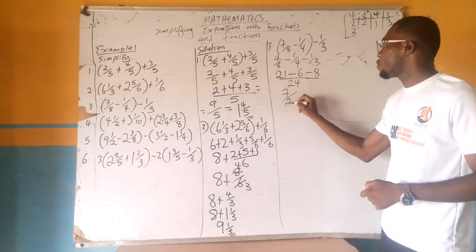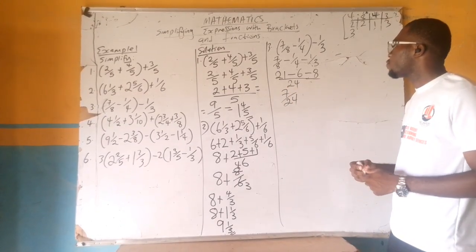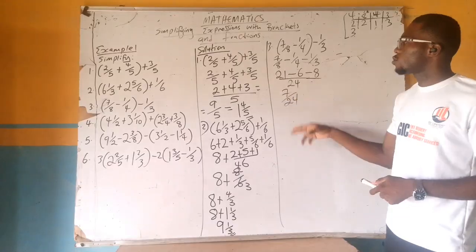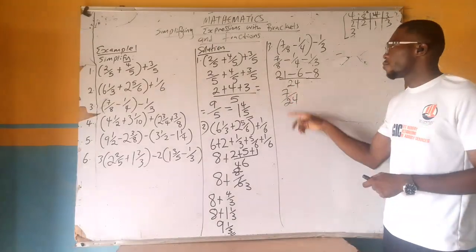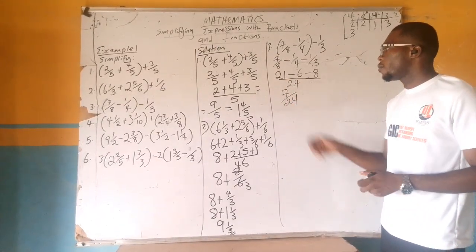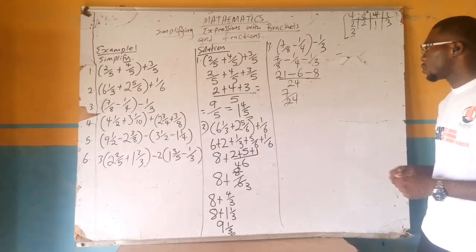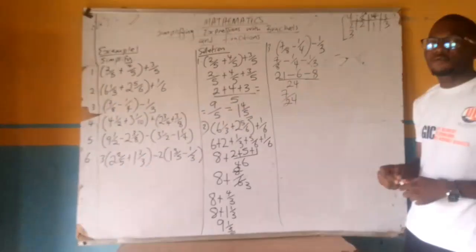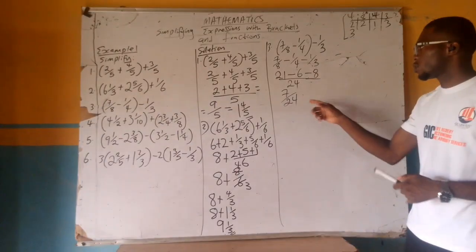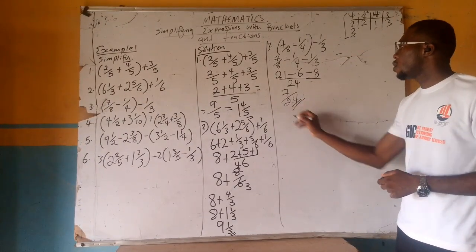So we have 7 over 24. So 7 over 24, can something still go? We ask ourselves if something can go, but if you look at it very well, nothing can go, because 7 times 4 is 28, and 7 times 3 is 21. So this is our final answer.